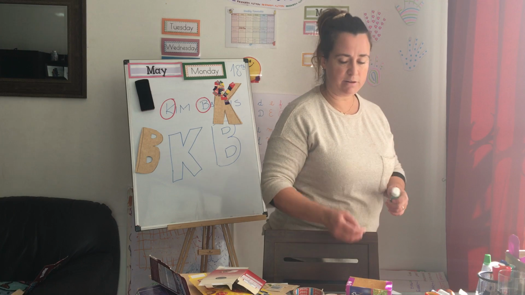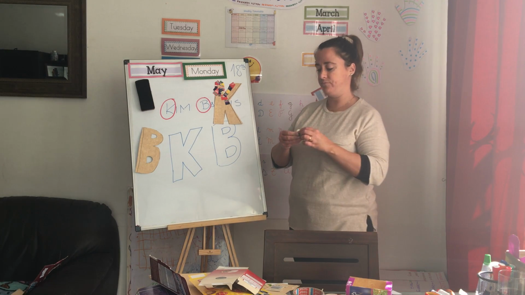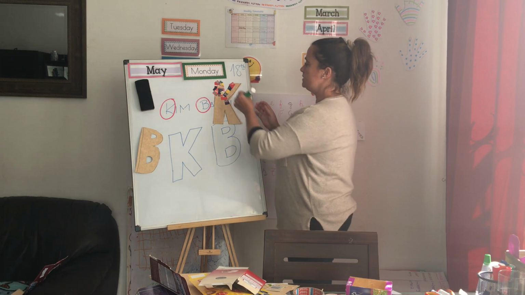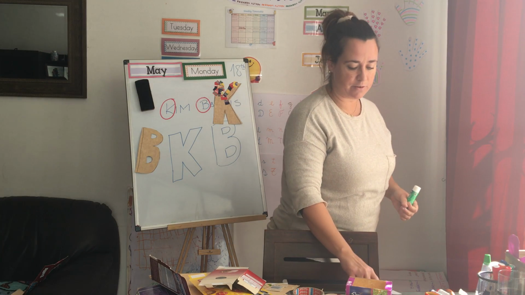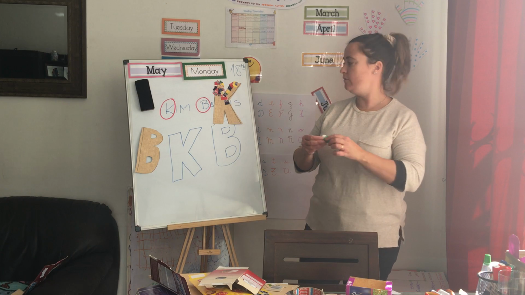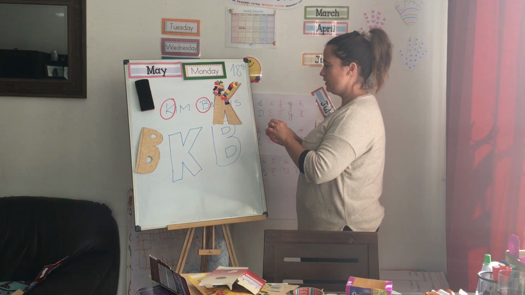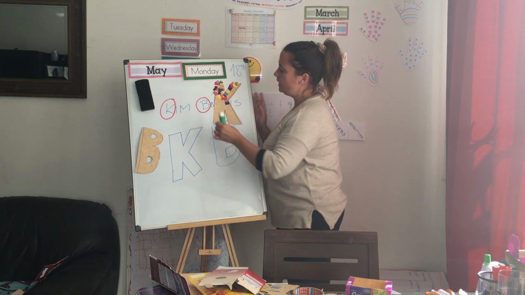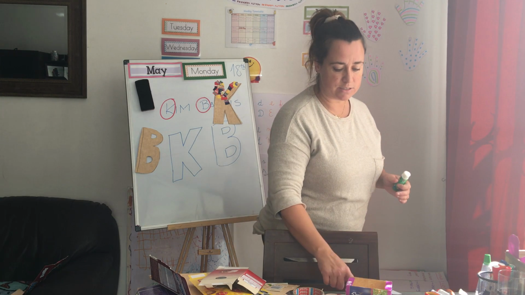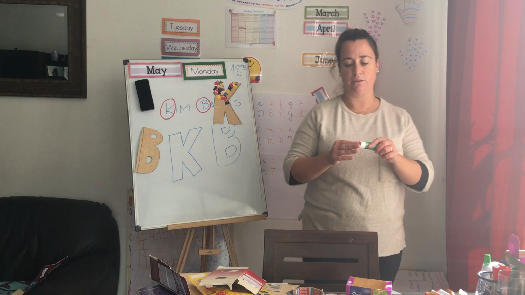Okay, I'm going to carry on sticking. Yeah? Sticking and sticking and sticking. So I carry on covering all of my cardboard. As I said before, I like different colors stuck together.